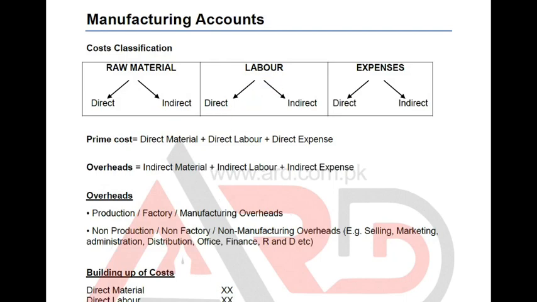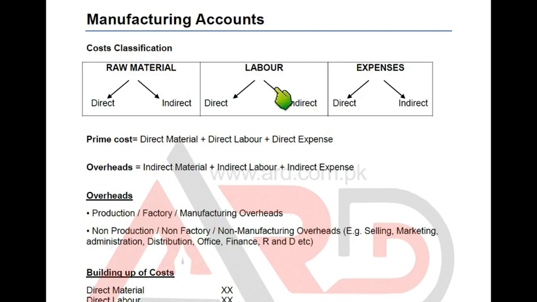That means the labor working in all production departments such as cutting, painting, assembly, finishing, molding, testing, welding. All the labor directly involved in making a particular product or service is direct labor, and the labor not directly involved in making a product is known as indirect labor.